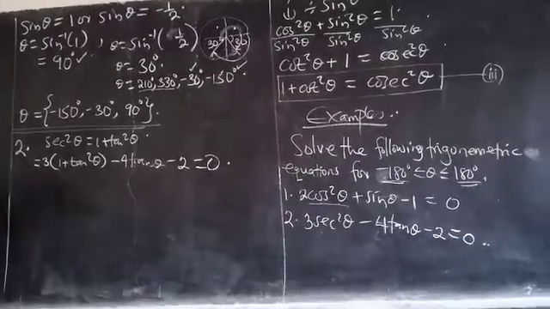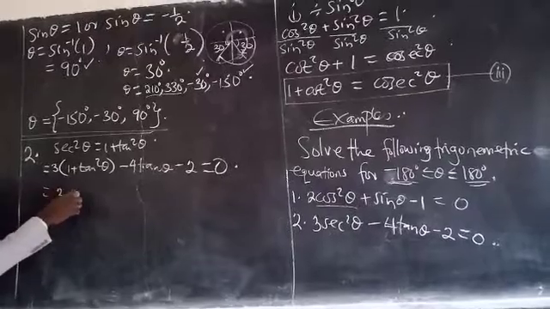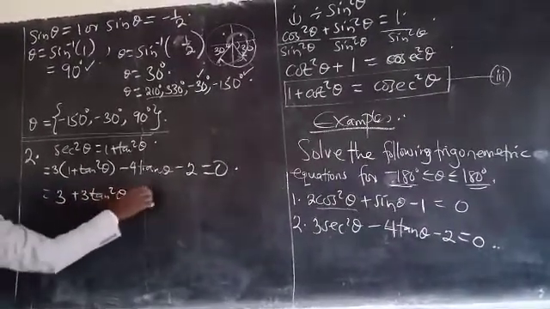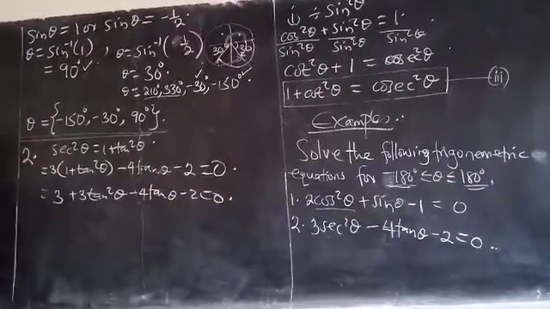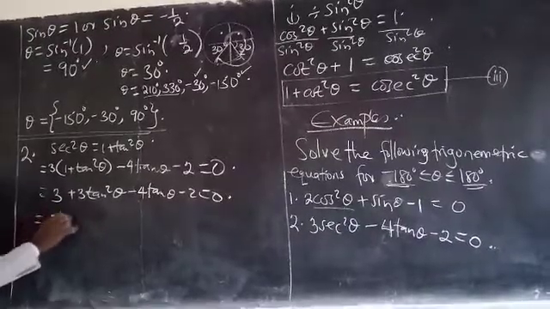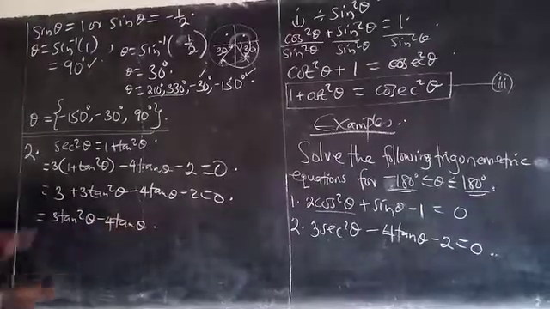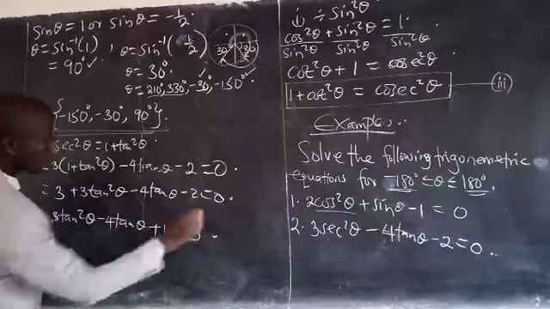If we open the brackets here, this will be 3 plus 3 tan squared theta minus 4 tan theta minus 2 equals 0. So this becomes 3 tan squared theta minus 4 tan theta, plus 3 minus 2, which becomes plus 1, equals 0.